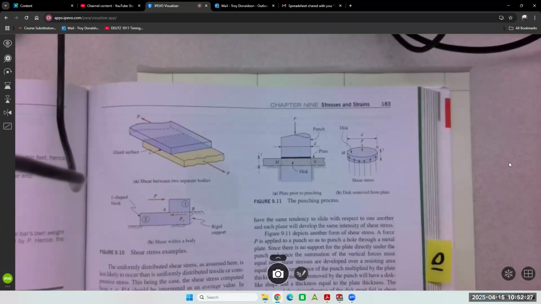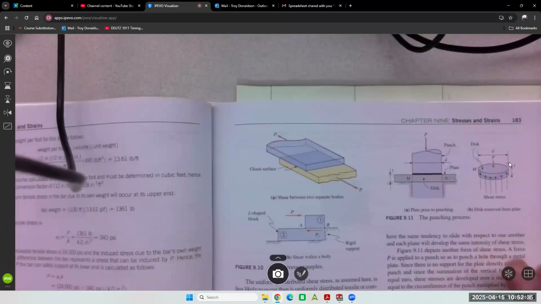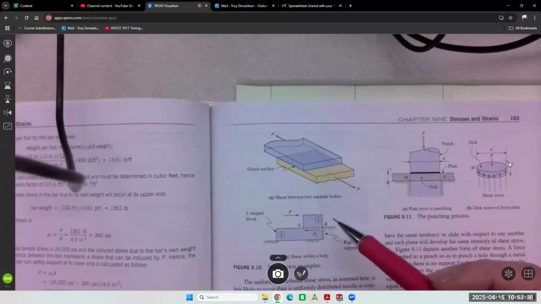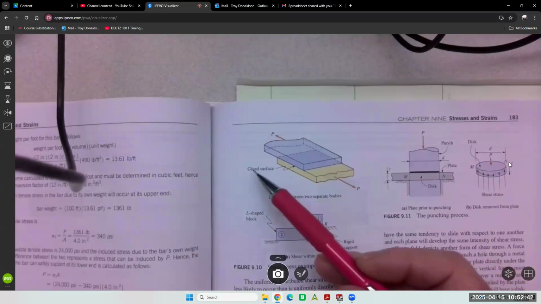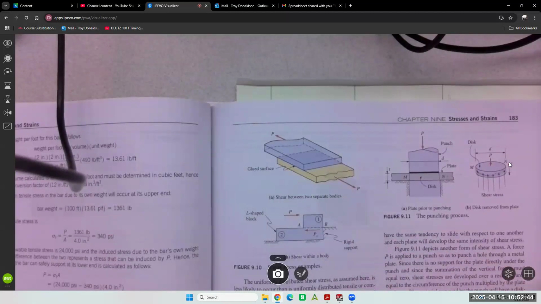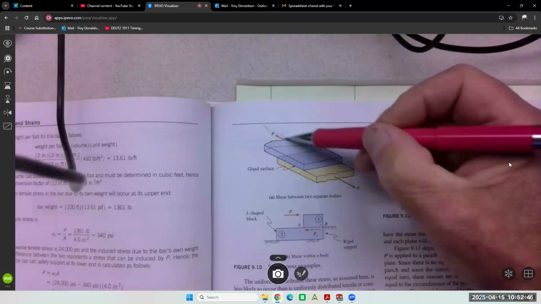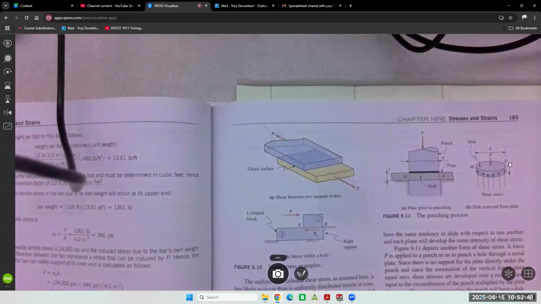If we want to calculate how much force is required to shear that off, then we have to calculate that failure stress. Here's another one where we have two things that are put together somehow, maybe with epoxy, maybe with glue, and we're going to pull on it here and here.